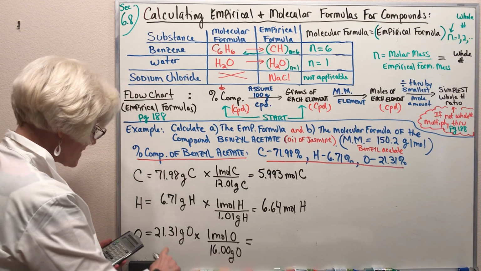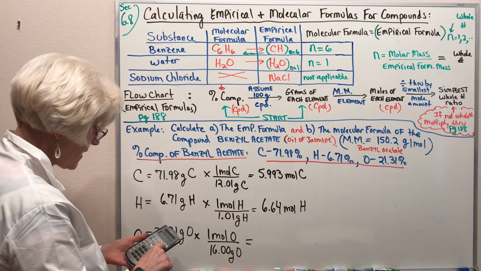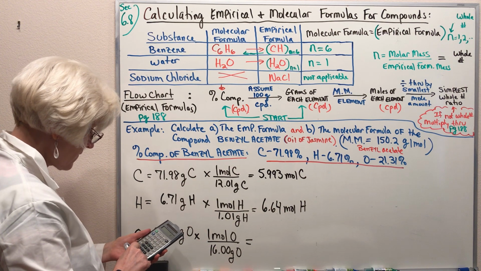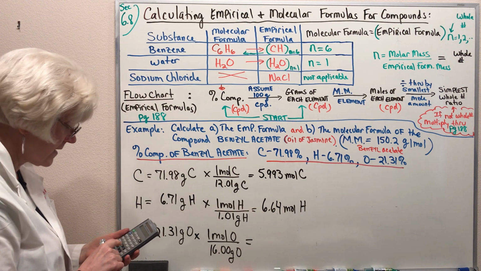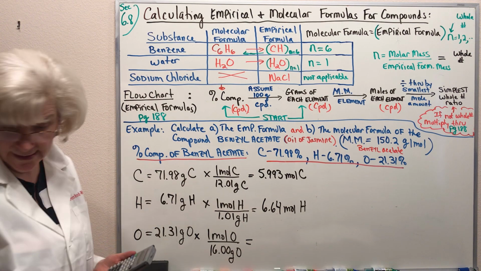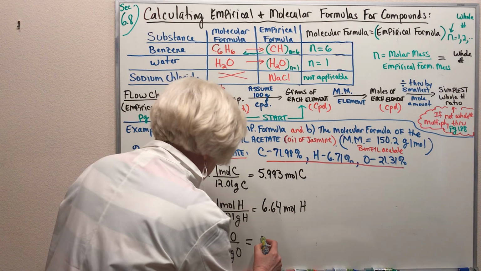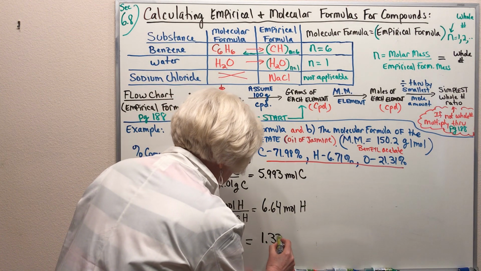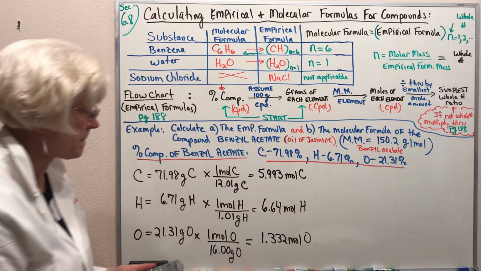And now lastly, I'm going to take the 21.3 grams of oxygen and find how many moles of oxygen I have by dividing by the molar mass of oxygen, which is 16.0. When I do that calculation, I get 1.332 moles of oxygen.